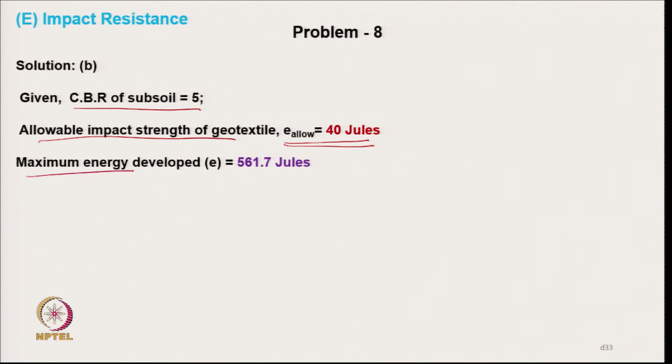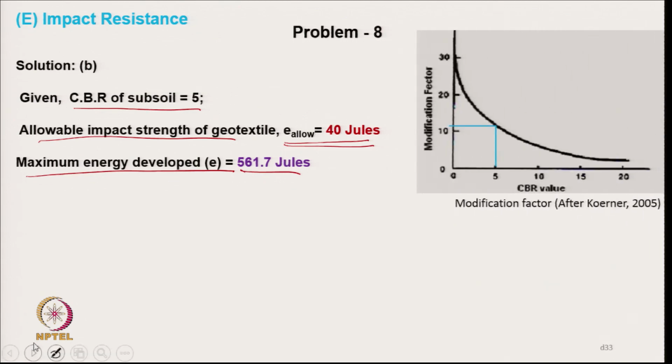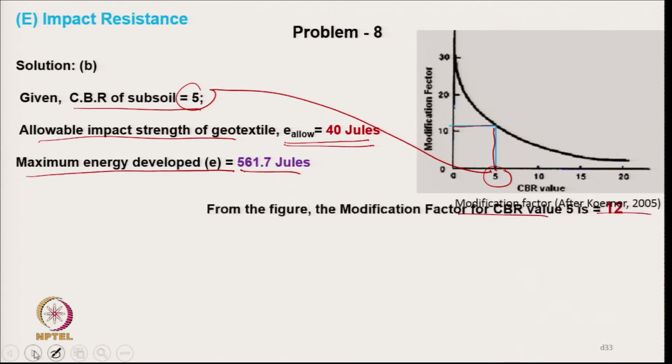The maximum energy developed, as we have seen earlier, is 561.7 joule. Now, from this modification factor curve by Koerner 2005, the CBR value is given as 5. So, for a CBR value of 5 we have to calculate the typical modification factor. From this curve the modification factor is coming out to be typically around 12.